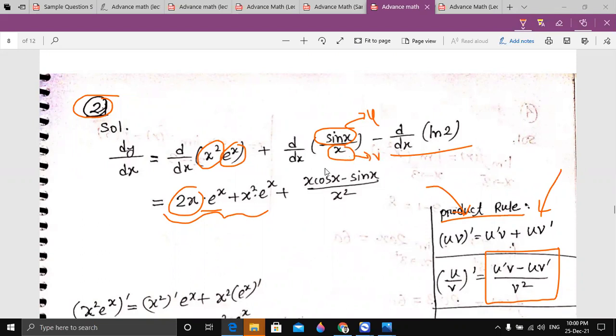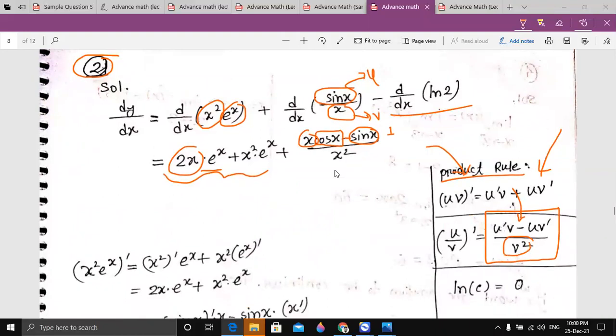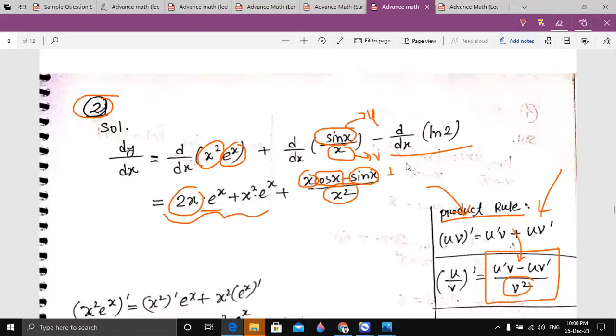That means the derivative of sin x is cos x, and v is x. The derivative of v is only one, right? The derivative of x will be one, and then multiply u. And on the bottom we have v squared, that means x squared. So the answer is x cos x minus sin x, all over x squared.